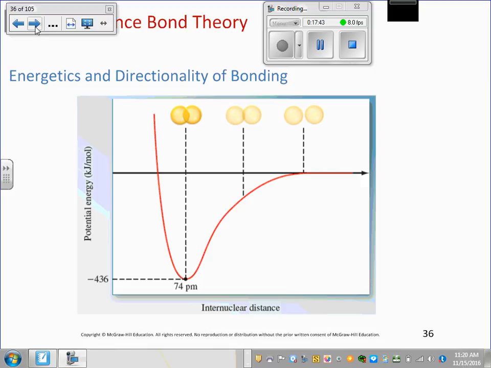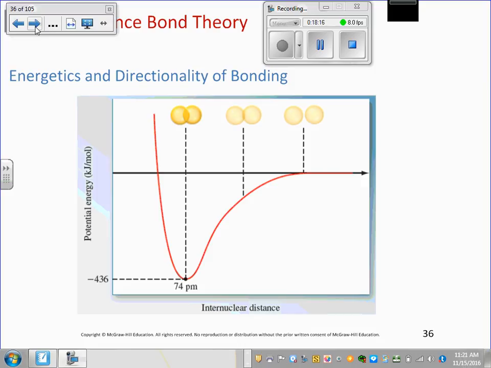If you look at the potential energy, as the atoms approach each other, the attractive force increases because the nuclei are getting closer to the other electrons. So the potential energy goes down, and when they're 74 picometers apart, that's the lowest potential energy. That maximizes the attraction of the nuclei for the opposite electron. If you continue squeezing them, the nuclei get closer together.